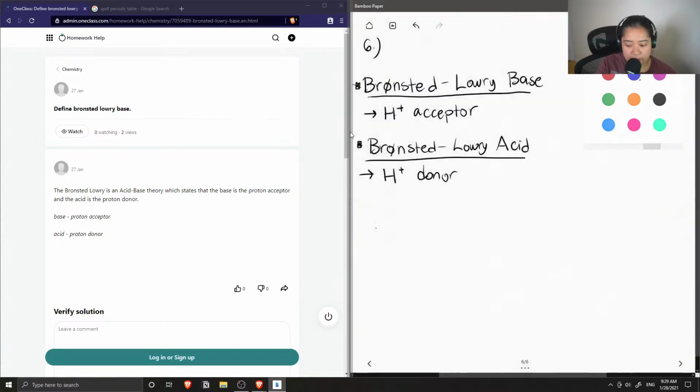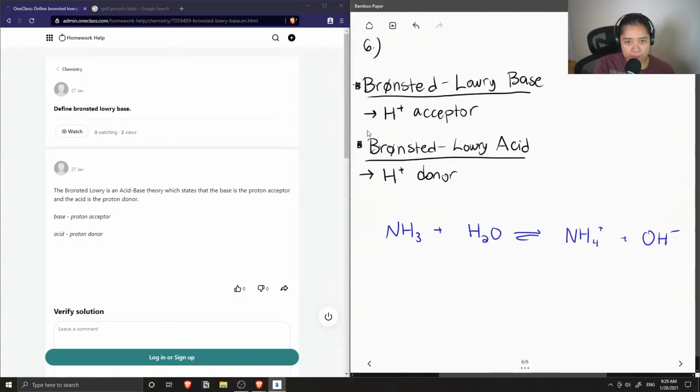So let's write out an example where we have NH3 plus water forms the ammonium ion plus OH minus. So if we look at our reaction, we'll see that the NH3 accepts a proton from the water.